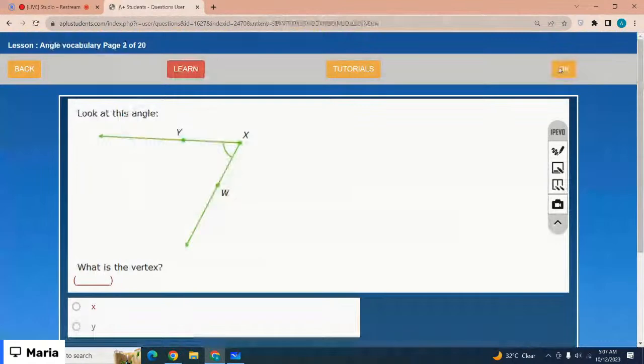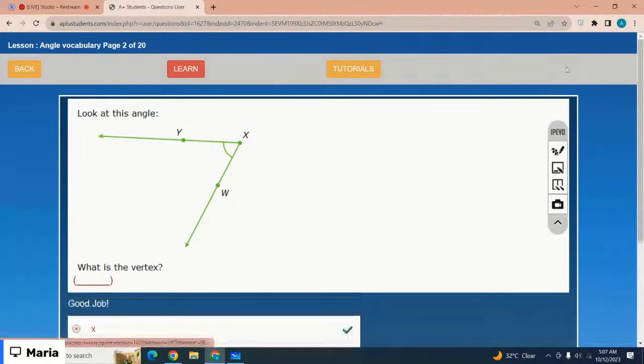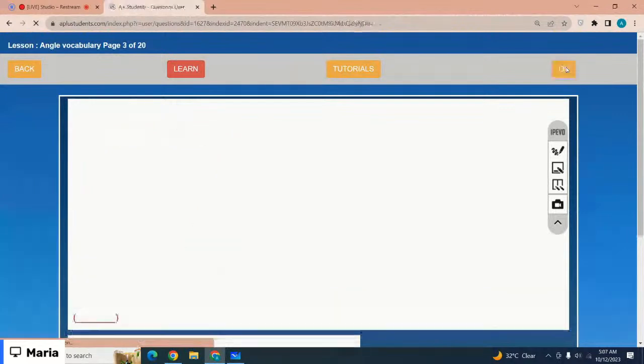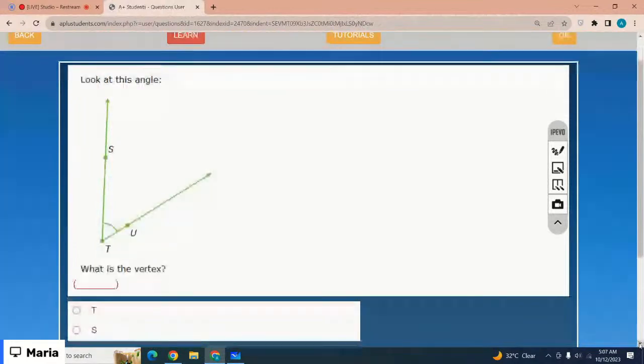Okay. At this angle, what is the vertex? Which is the correct option? Yes, X is the vertex. Look at this angle, which is the vertex? T is the vertex, right?